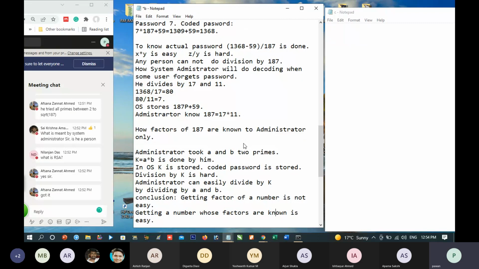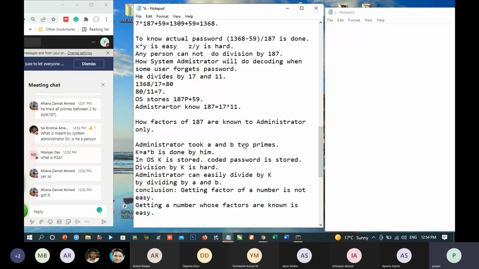Is it clear to you? Understood? You can ask your doubt. If I give you a number, factorization is not easy. But if I tell you, make a number whose factors are known to you, it is very easy. You take two arbitrary numbers and multiply them. You can always know their factors. Is it clear to you?